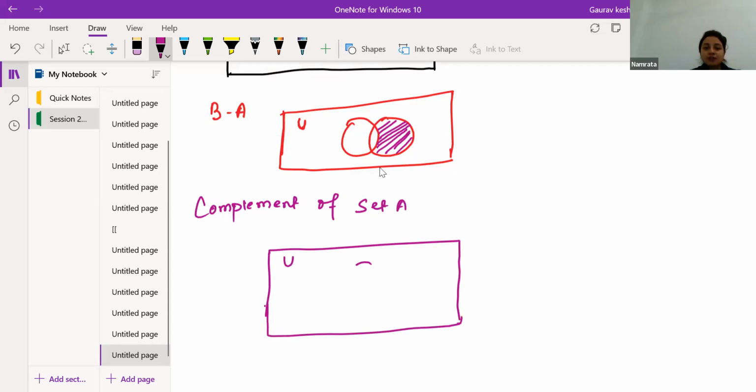Here we are having only one set, that is A. We are not talking about set A and set B. We are not talking about A, B, C. There is only one set, that is A. And obviously the universal set is there. So complement of A means what? All the elements. What's the meaning of complement of a set?